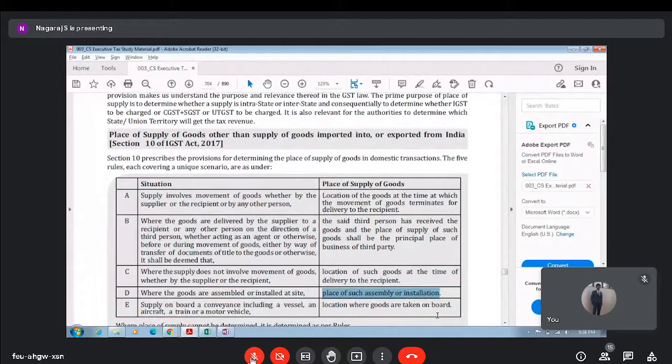Mobile tower. Is that goods or service? Putting up the mobile tower is a service. Will they fix the mobile tower at that place itself, or will they bring the parts, assemble them and then fix it?